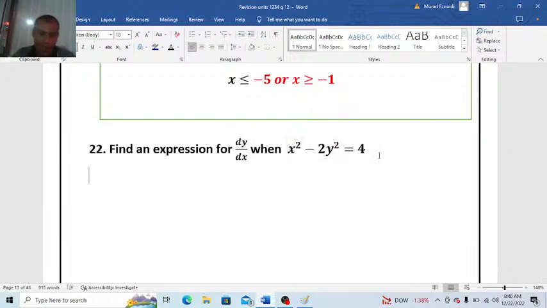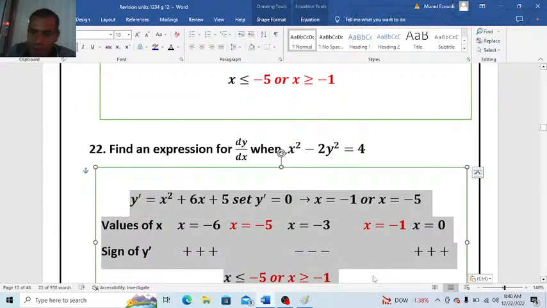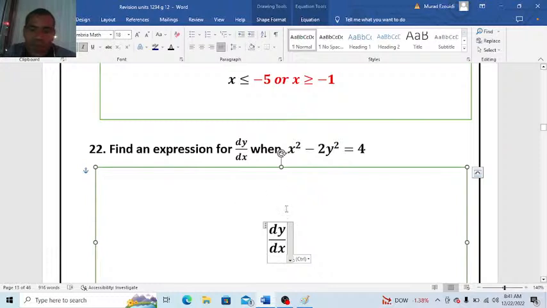Okay, now learners, I will erase all of this, no need. I will try to find the first derivative of the function. I will write dy with respect to x is equal to what?